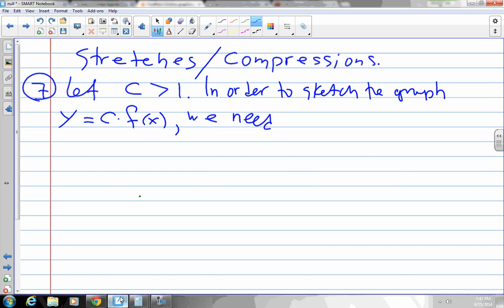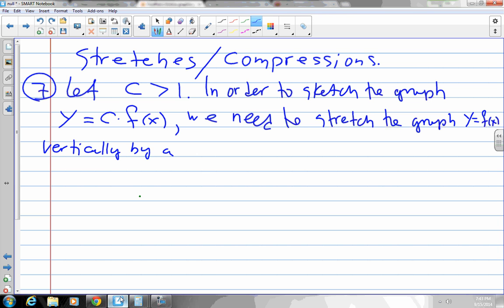So let's write that up. So we need to stretch the graph y equals f of x vertically by a factor of c.